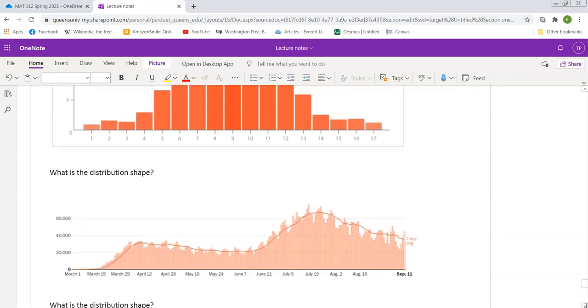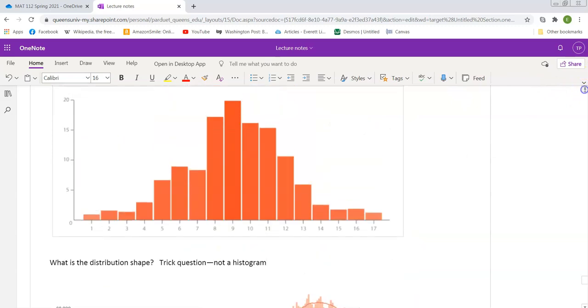What about this one here? This is a trick question. This is not a histogram. This is a time series graph. With a histogram, we are not looking at something that happens over time. We're not saying the values went up and then they came back down.